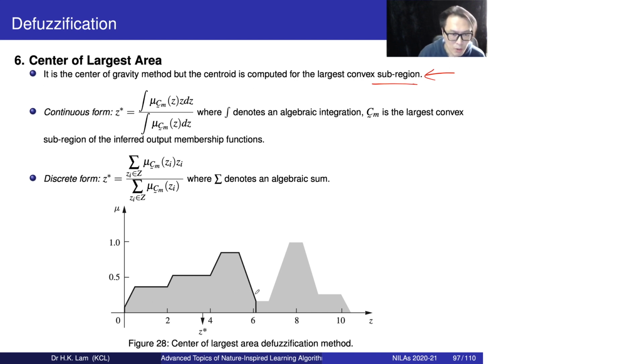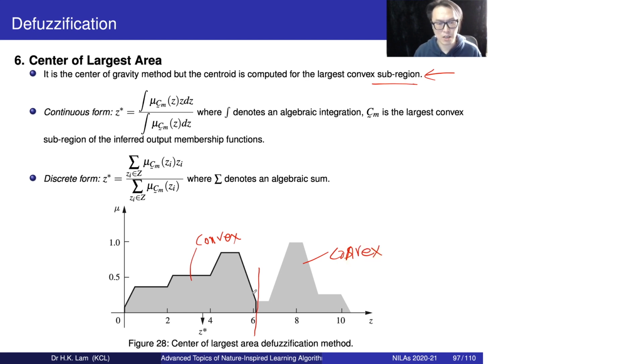For example, when we chop this membership function right here, we have 2 sub membership functions. This membership function is convex, and this membership function is convex.